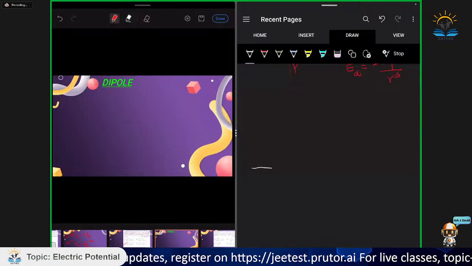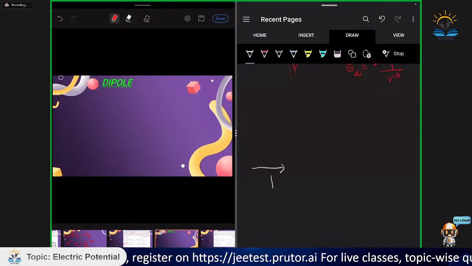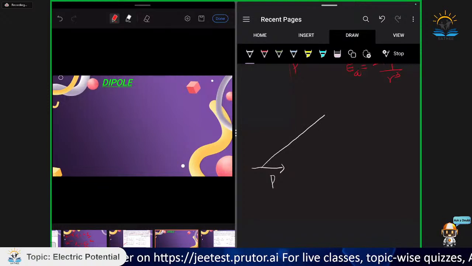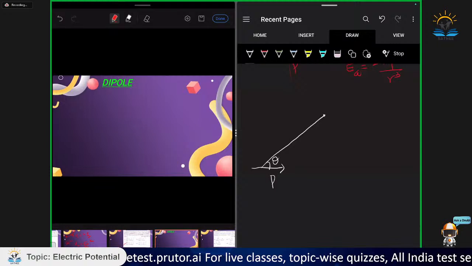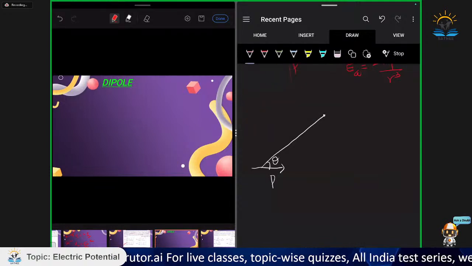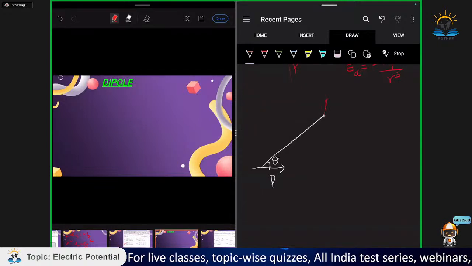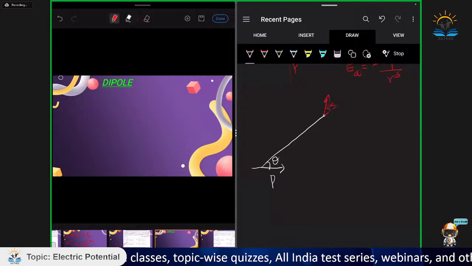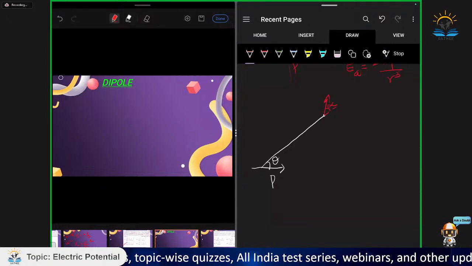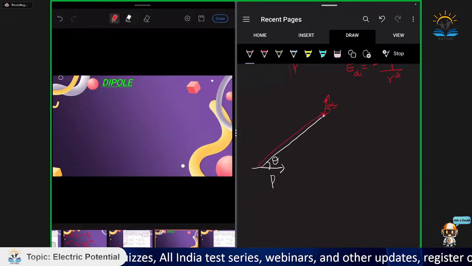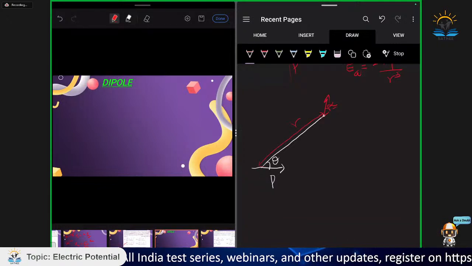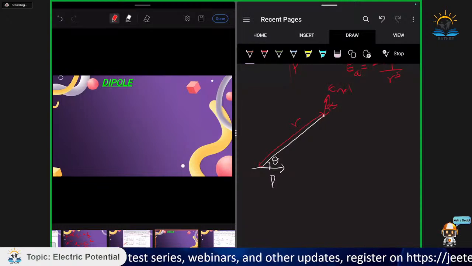At any given point P, making angle theta, the net electric field, which is making angle alpha with the displacement vector r, here this is E net.